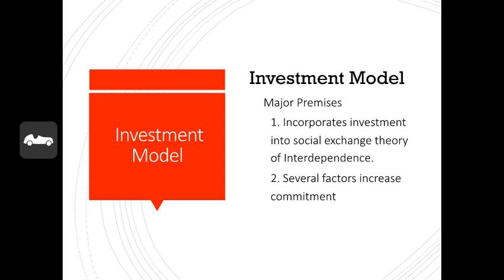The investment model says that there are several factors that increase commitment, that it's not just about stability and satisfaction, but there are some other levels that influence how stable a relationship is.